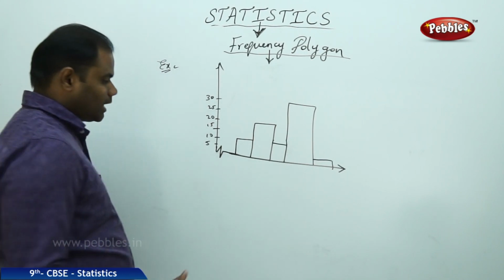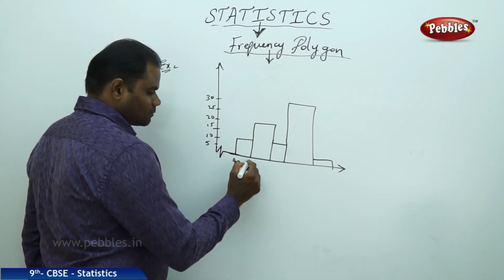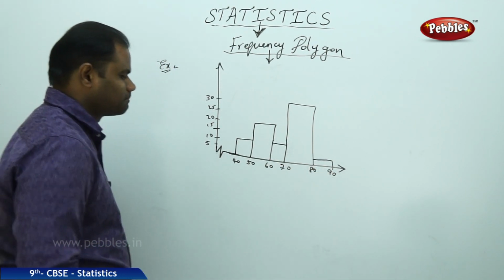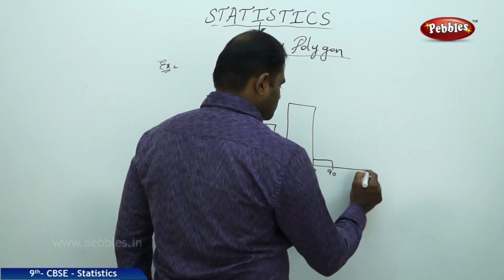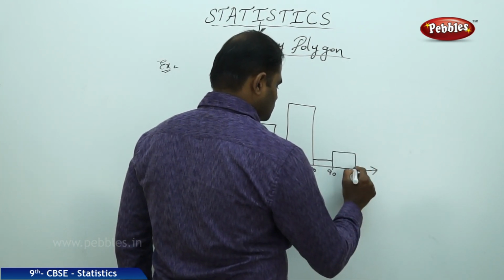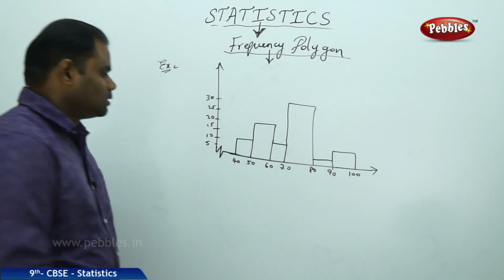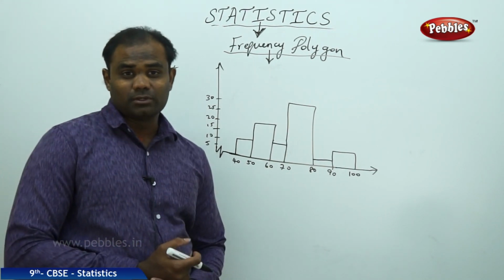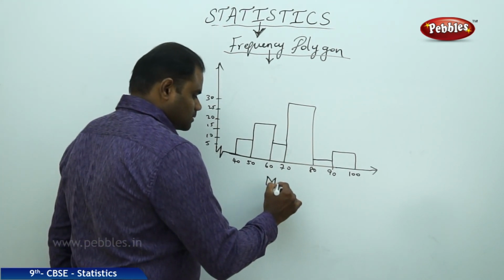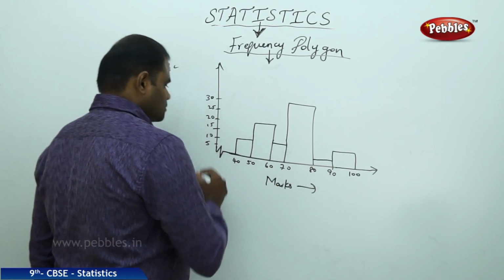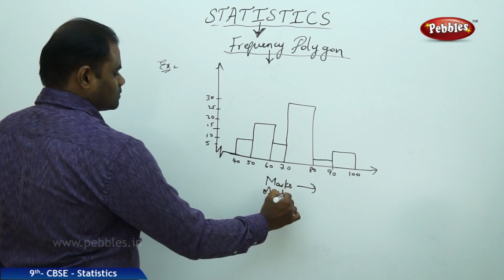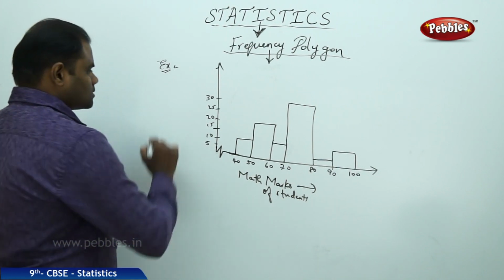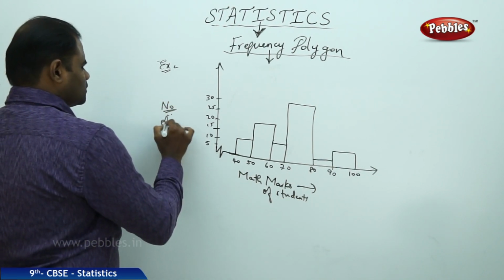Here I have the marks obtained. So here I have a histogram. Let's see how we can understand a frequency polygon for this, where this represents the marks of students and the number of students.